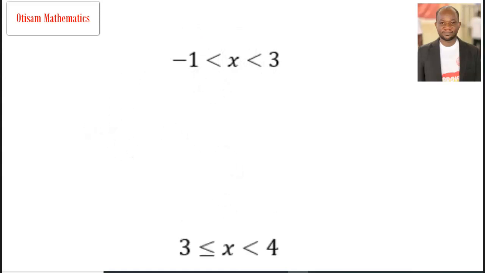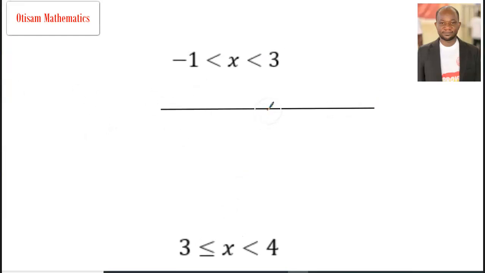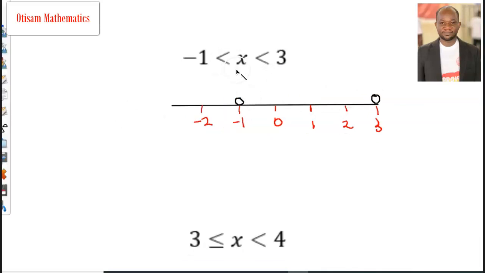So let's draw your line. This is 0, minus 1, minus 2, we have 1, 2, 3. So this is minus 1, you draw your circle, and then this is 3, you draw another circle here. Because they are strictly less than, you just join.